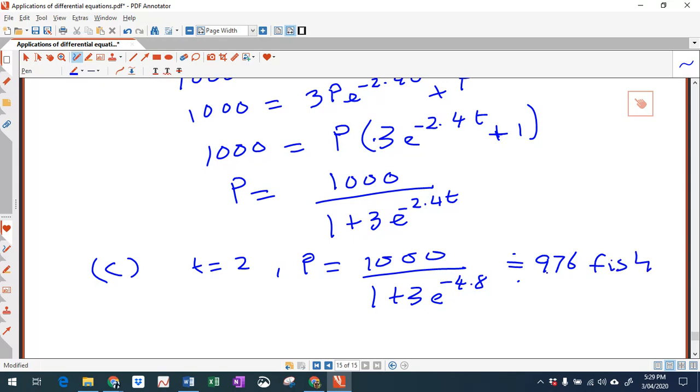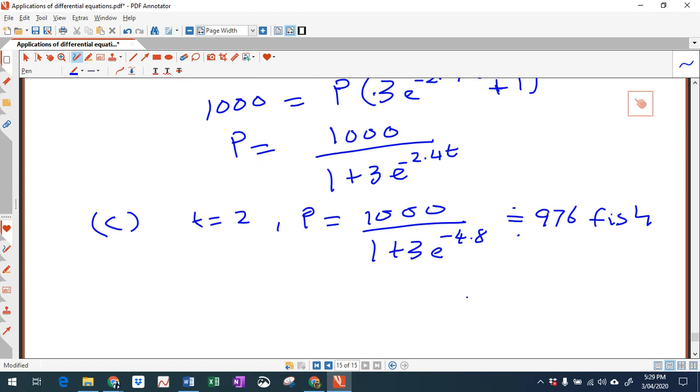All right, now the second part of the question says, what is the population? Oh, sorry, after 5 years. So let's do 5 years. So when T is 5, well, same process.